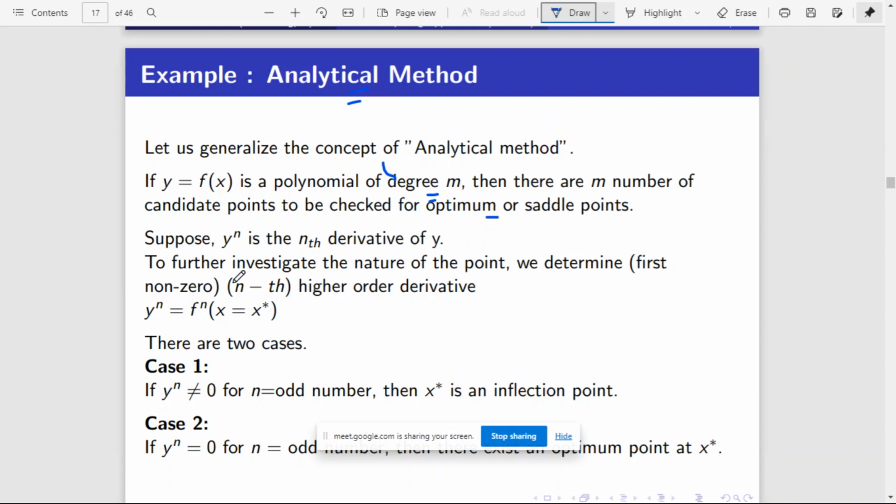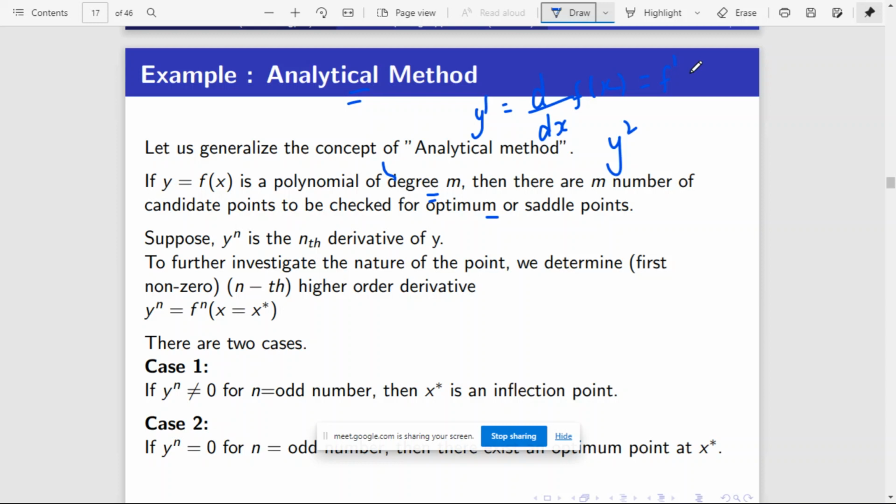And what we do is take derivatives. This is the initial function, and we take derivatives of different levels. Say, for example, y1 is nothing but d by dx of f of x, the first level derivative. You can also say this is simply f dash of x.